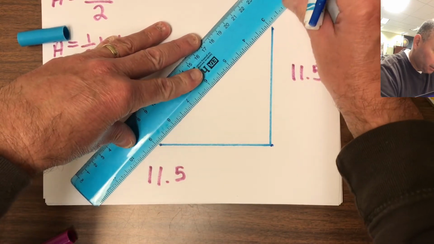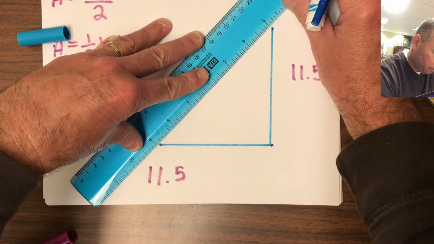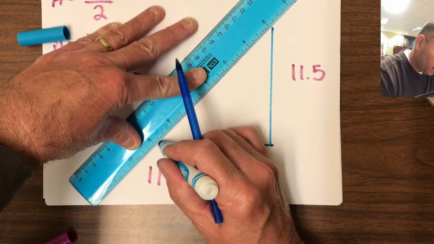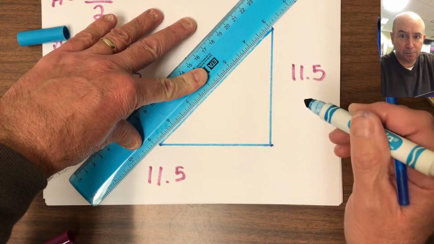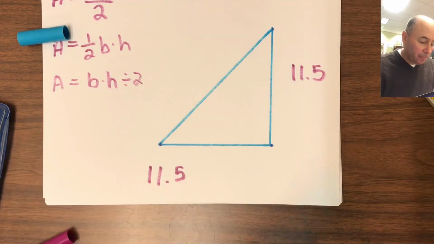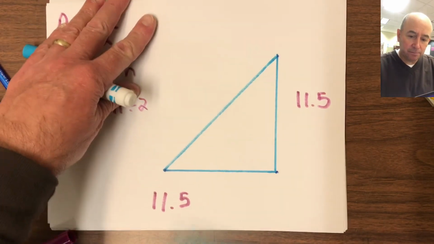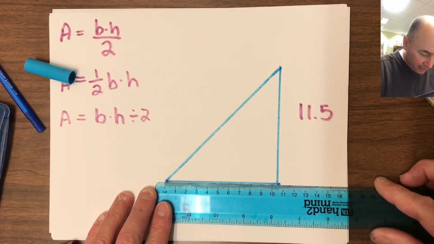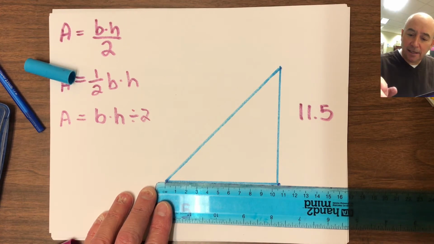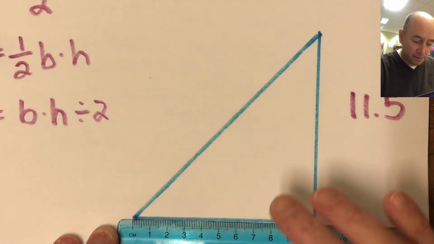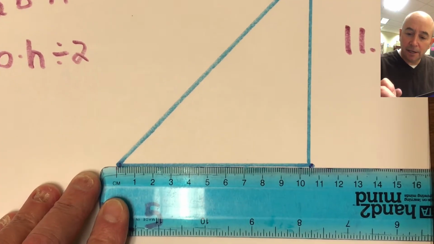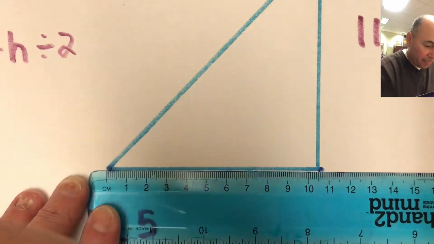Don't forget the hypotenuse, from there to there. I keep disappearing off my camera, don't I? Now we can do a little bit of measuring. Look at this. This is going to make a big difference, isn't it?